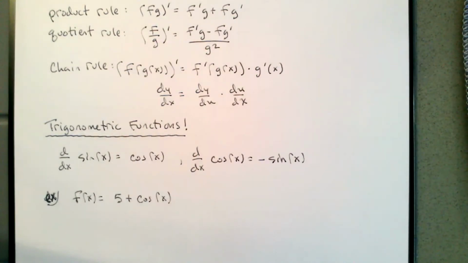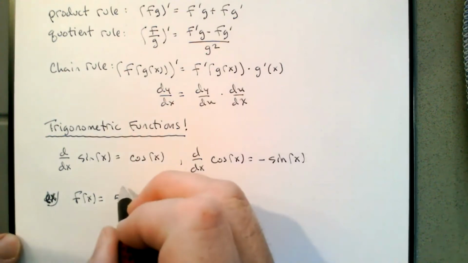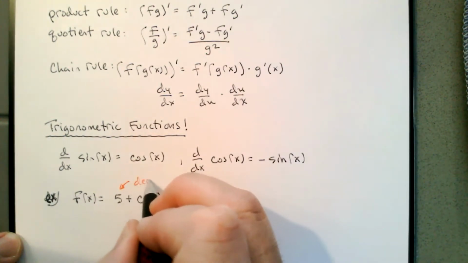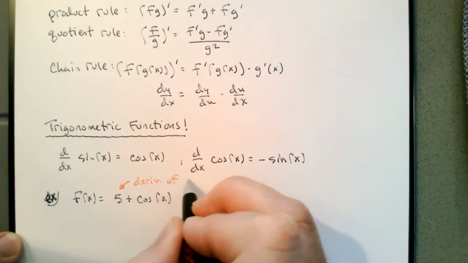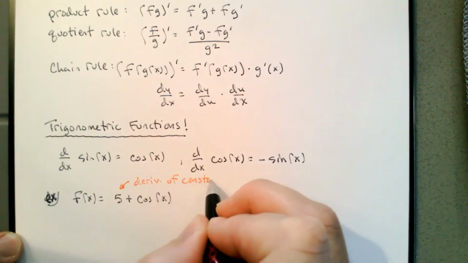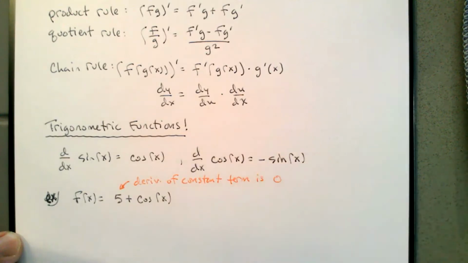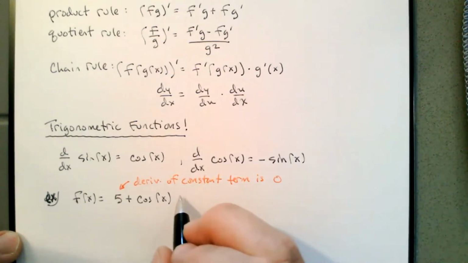In this case, the 5 is included as a constant term. So I want to review some of our other rules. The derivative of a constant term is 0. So the derivative of 5 is 0. The derivative of cosine x is minus sine x.